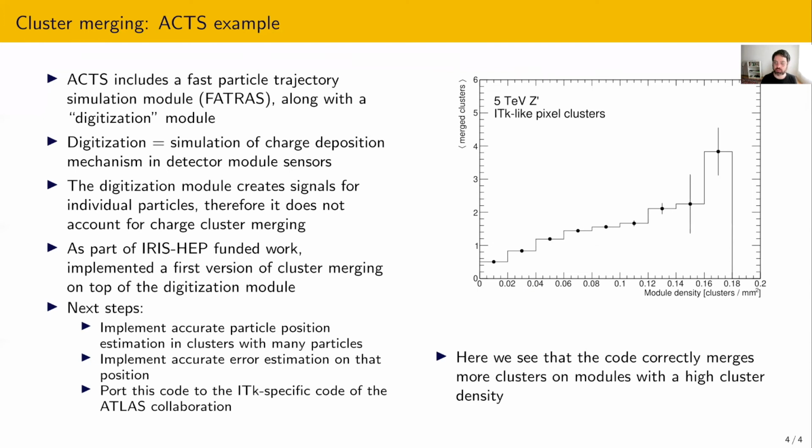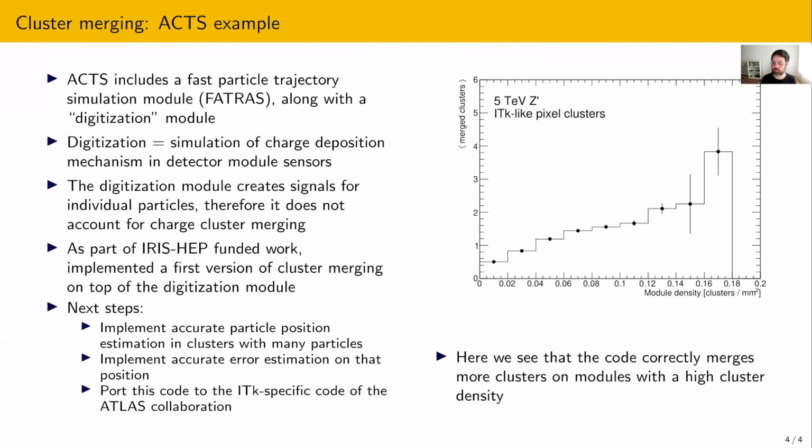And we can see some of the preliminary results here on the right, where on the x-axis you have the module density, which is the number of charge clusters per square millimeter on a given module, and on the y-axis you have the average number of merged clusters on that module.